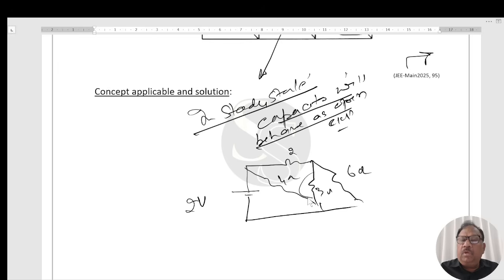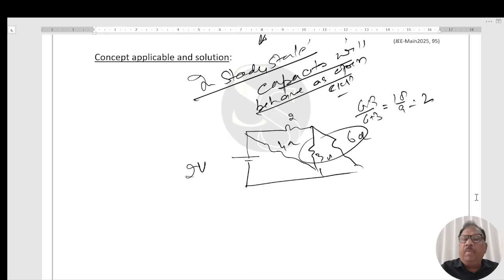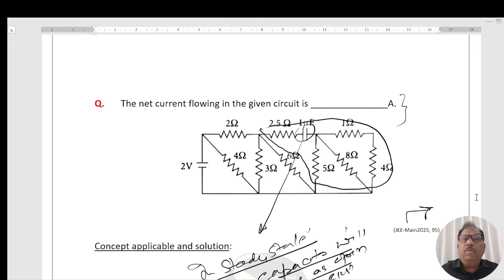Since these are in parallel, the resultant of this will be product upon sum, 6 into 3 divided by 6 plus 3, 18 divided by 9, that is 2. So this will become in series with this, 2 plus 2, 4. This will be equal to 2. So 4 parallel 4, that is 2 ohm.